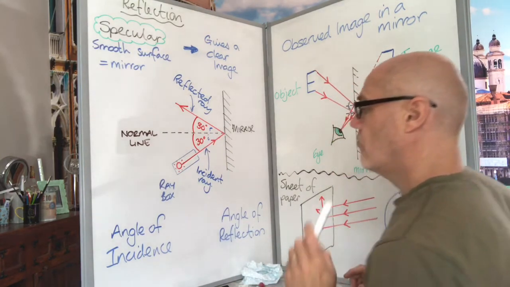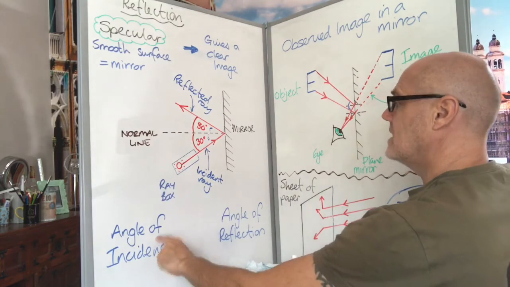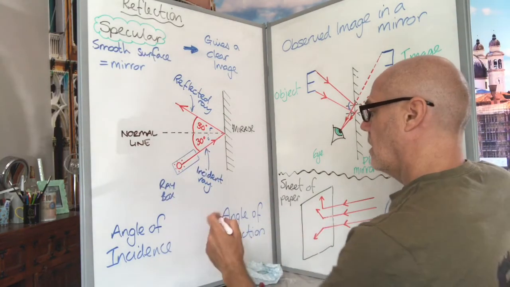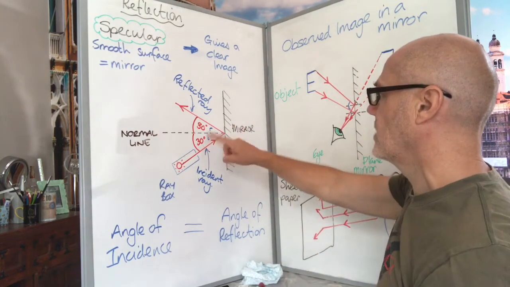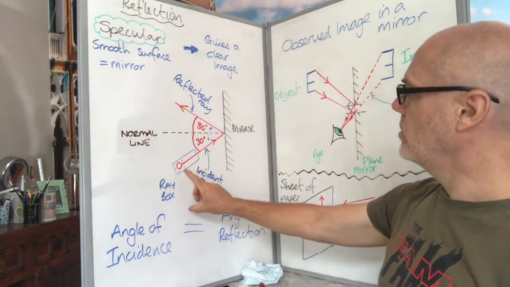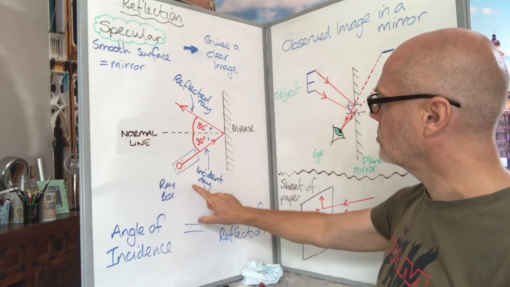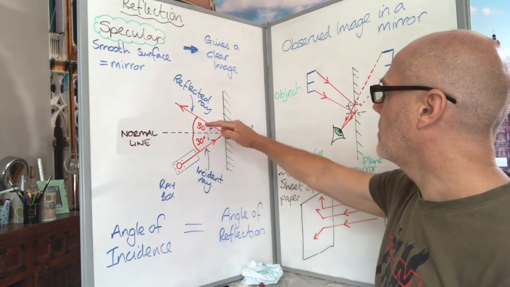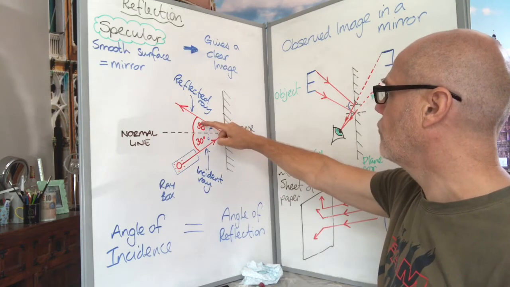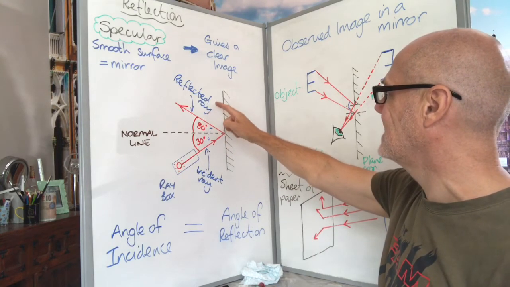Okay? And the rule is that the angle of incidence here always equals the angle of reflection. So in the experiment you would move your ray box out and have a bigger angle, 40, 50 degrees, and the reflected ray will always be exactly the same angle.